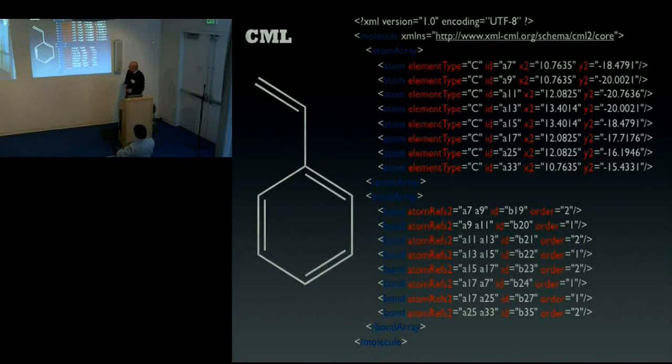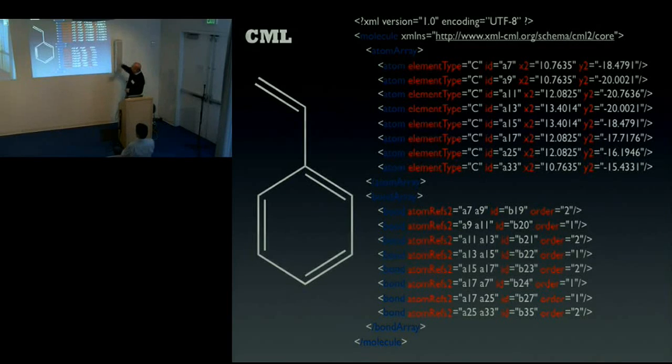Here's a very simple example of what CML could look like. It's a description of a molecule there on the left, and you see that the whole document talks about a molecule, so we've got the molecule element as a container. The document contains atom arrays and bond arrays, which in turn contain atoms and bonds. They're literally just lists of atoms and bonds occurring in the molecule. And the first atom is an atom of element type carbon.